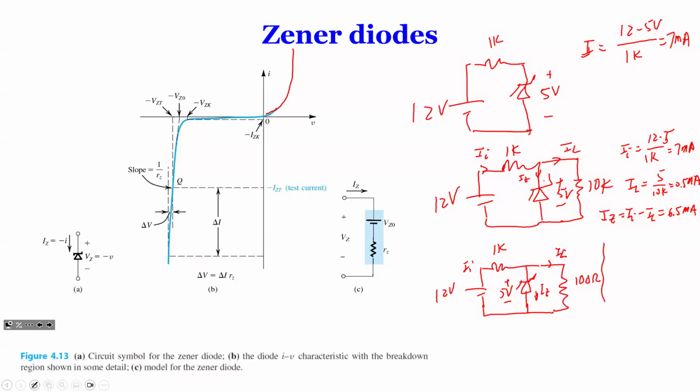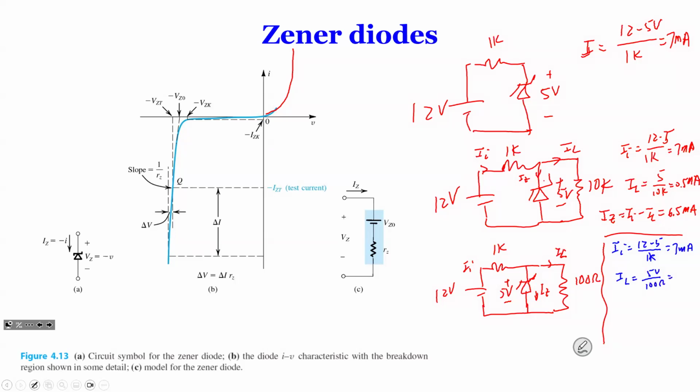So if you do what you did last time, you will say, okay, II would equal 12 minus 5 divided by 1K. That gives you 7 milliamps. And IL is going to be 5 volts divided by 100 ohms.